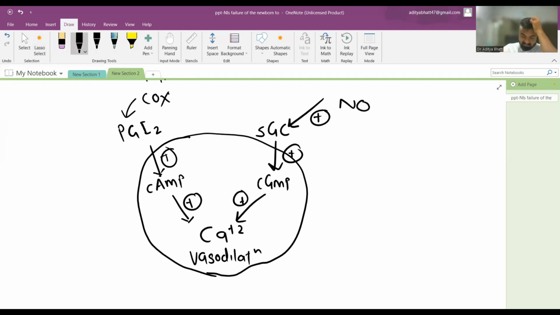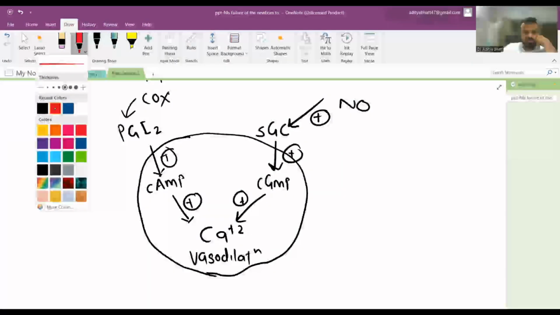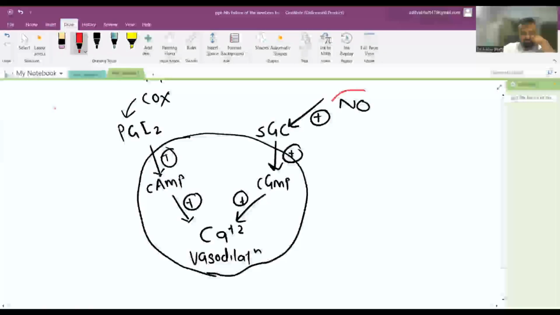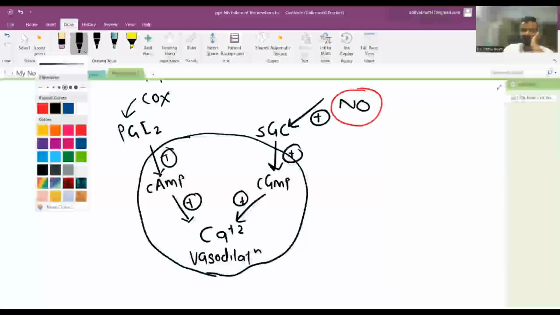The first thing you need to see is that I will show you the activity of all the drugs. So this is the first drug, nitric oxide. How does nitric oxide act when you give it in PPHN? This is the first thing that you need to understand.